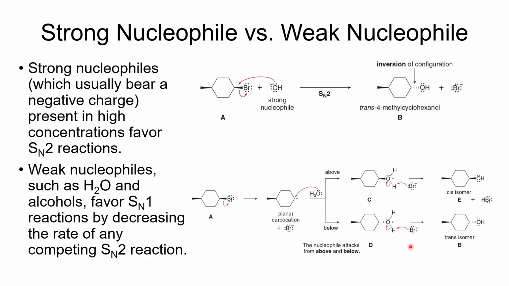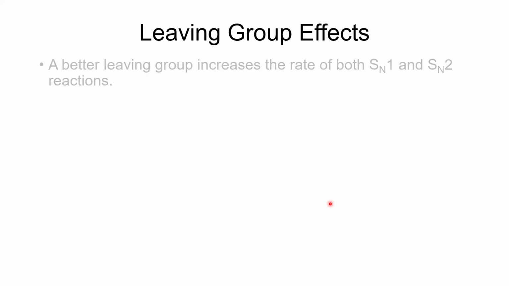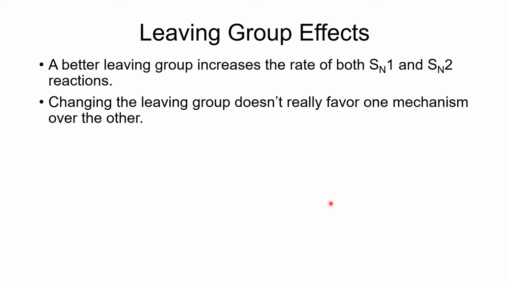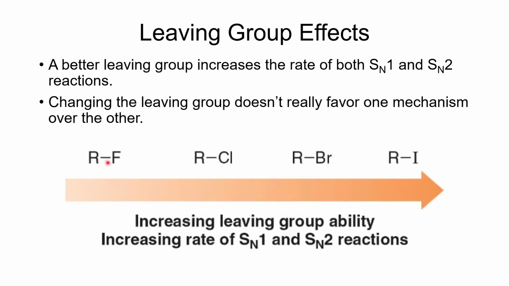Okay, so now that we've done that, let's look at leaving group effects. This is not one that you're going to use to determine whether it's SN1 or SN2. This is just something that will help you to determine whether the reaction will go faster or slower. So better leaving groups increase the rate of both SN1 and SN2 mechanisms. Changing the leaving group doesn't really favor one mechanism over the other. So fluoride is a pretty bad leaving group.